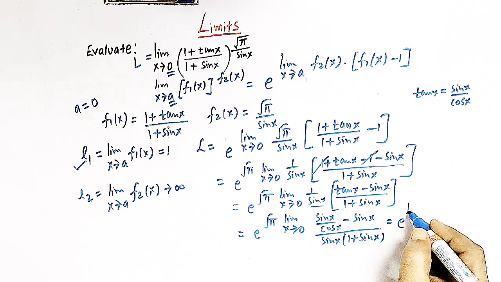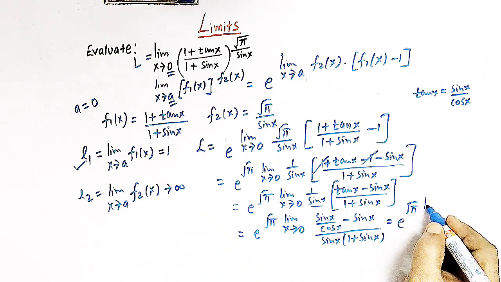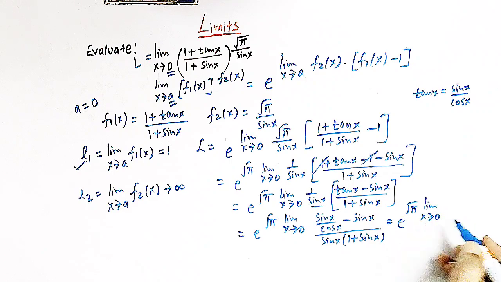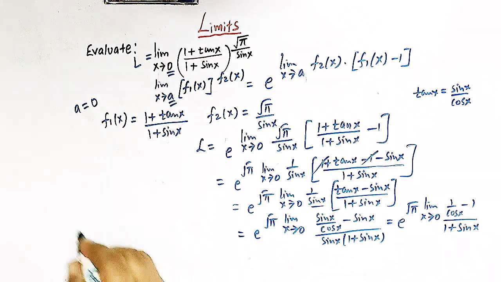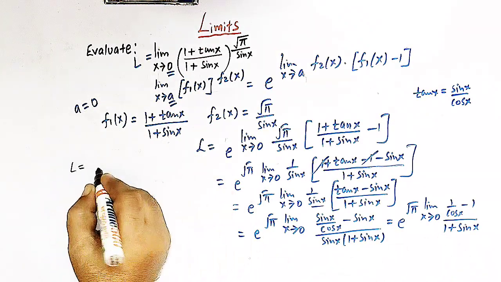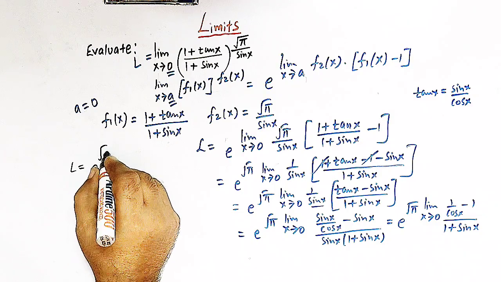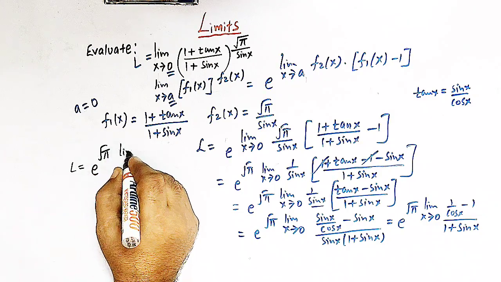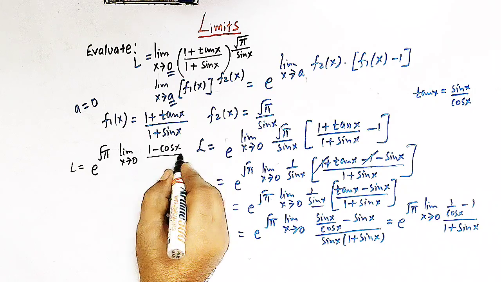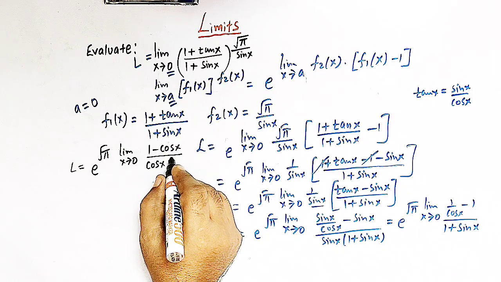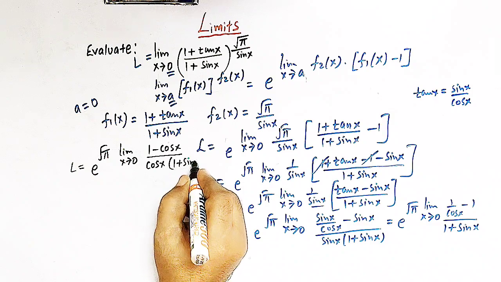We have e raised to square root of pi, limit as x tends to 0, and we are left with (1 over cos x minus 1) divided by (1 + sin x). So now we can write this limit L as e raised to square root of pi, and the limit as x tends to 0 of (1 minus cos x) divided by cos x, and here we have 1 + sin x, right?